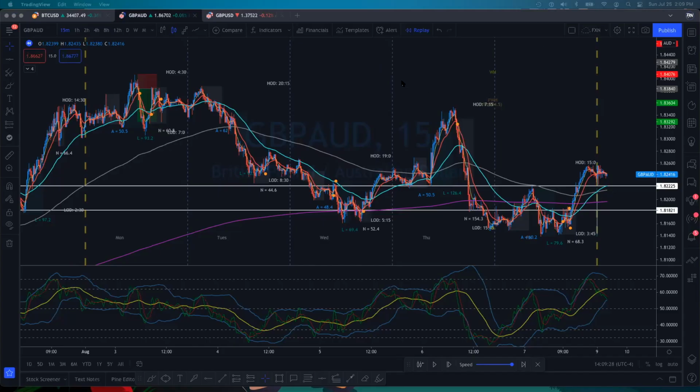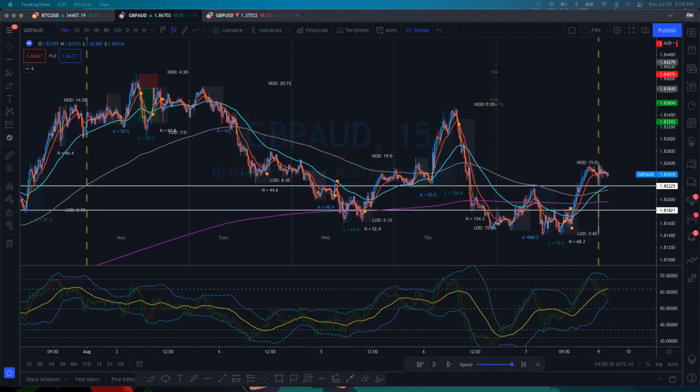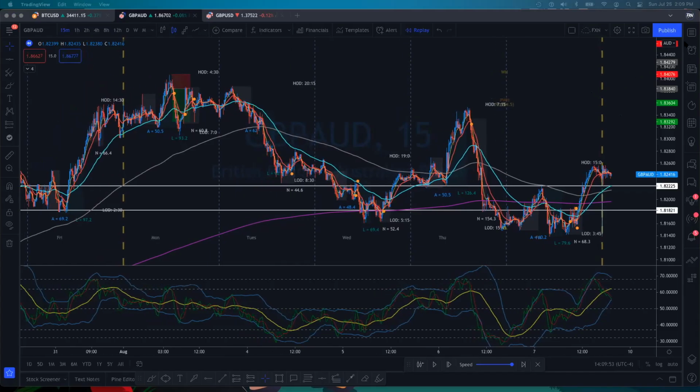Somebody pick a different pair, one that didn't pick the pair before. USD CAD. Let's stick to a euro or pound pair because we're talking about trading London. So GJ.